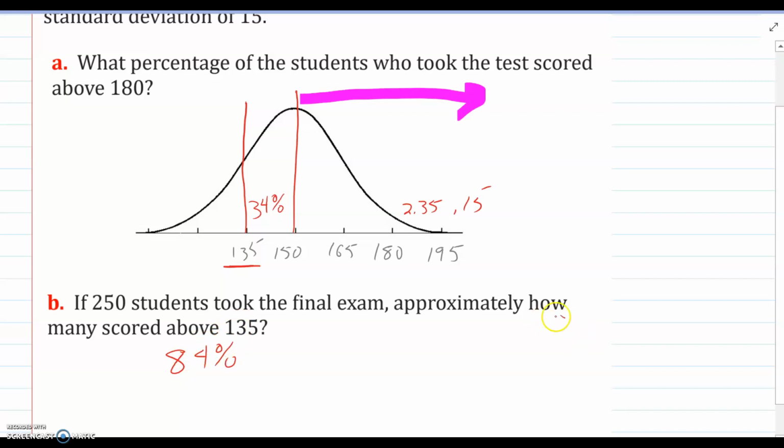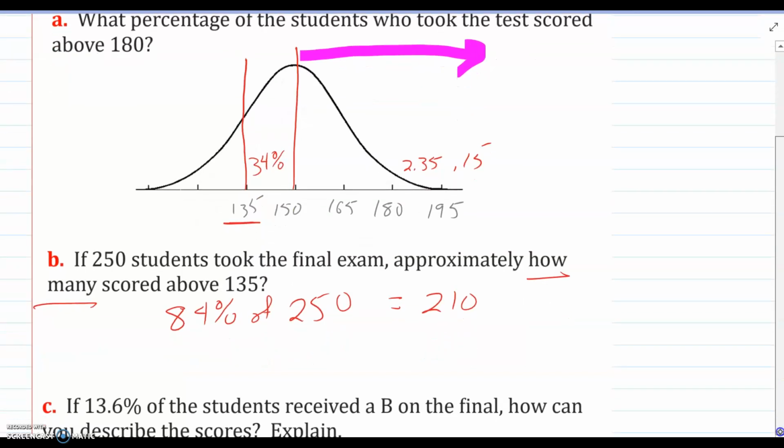But again, I'm looking at how many, not what percentage. So I'm going to take 84% of my 250, which, when I pop that in the calculator, 0.84 times 250, is looking at a value of 210.